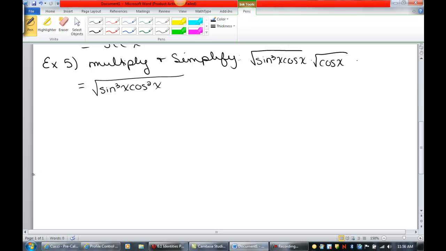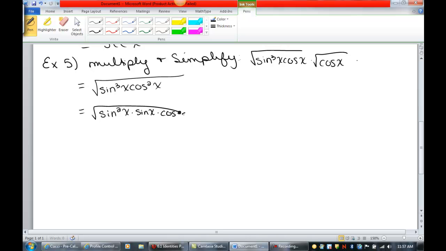Okay. And what I'd like to do next is break this up. I know that cosine squared x is a perfect square. Sine cubed is not, but we can break it down so that one of its factors is. So I can say that this is sine squared x times sine x, because we know that's sine cubed.